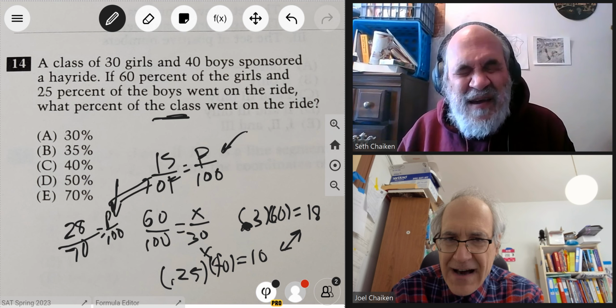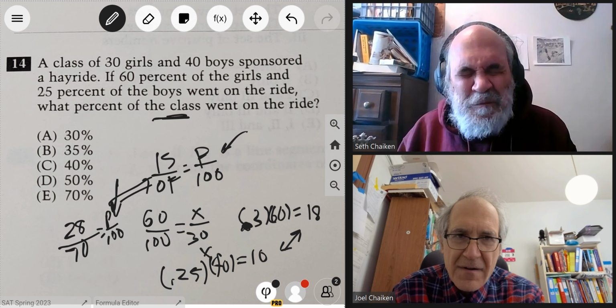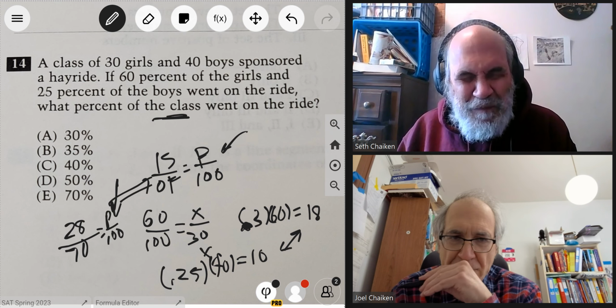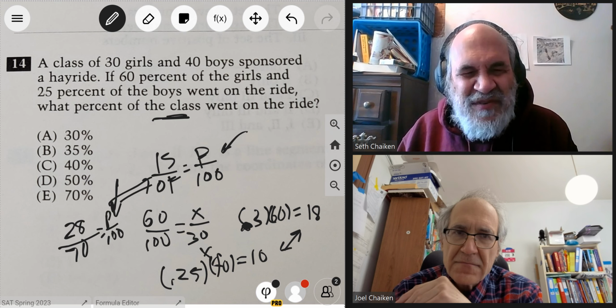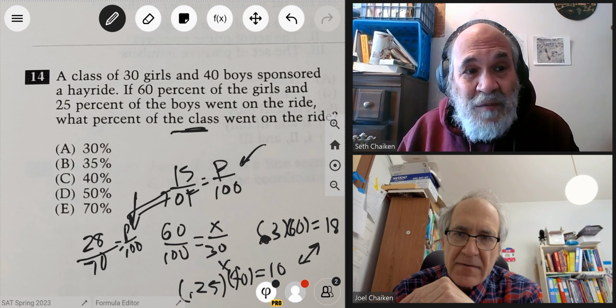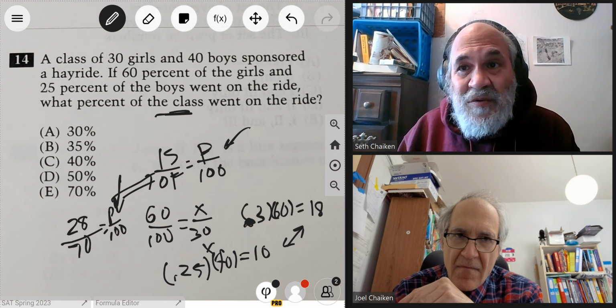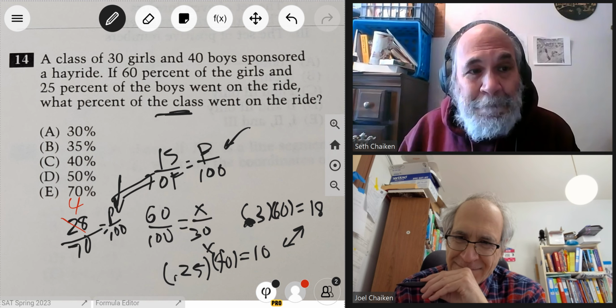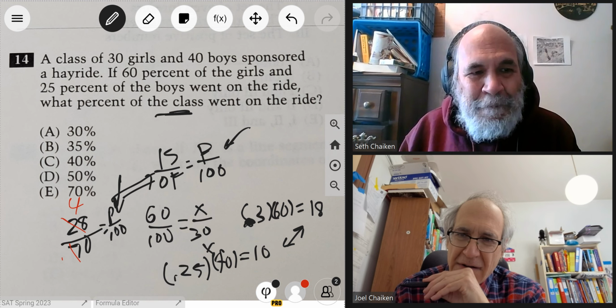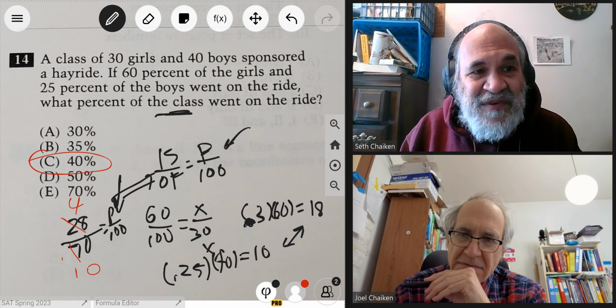And then they made it come out so that the answer is 28/70ths, or in other words, 28 over 70 times 100%. And they made it so that the numerator is divisible by 7. So you can cancel the 7s and get 4 over 10, and 4/10 is 40%.